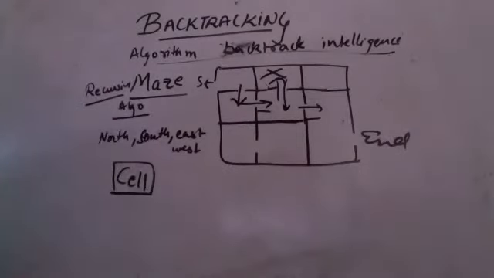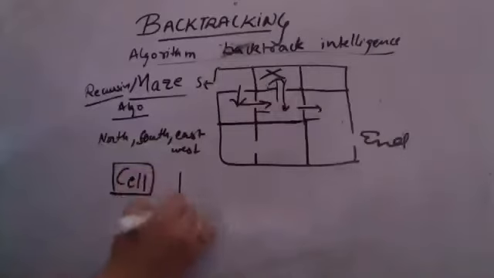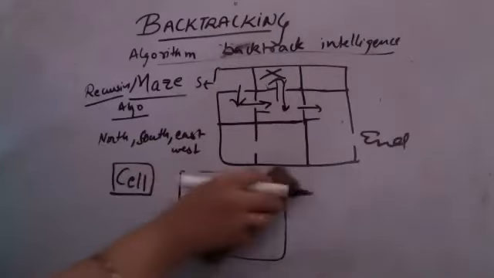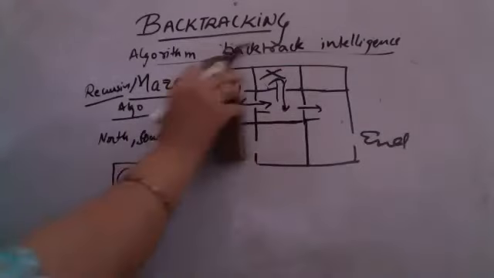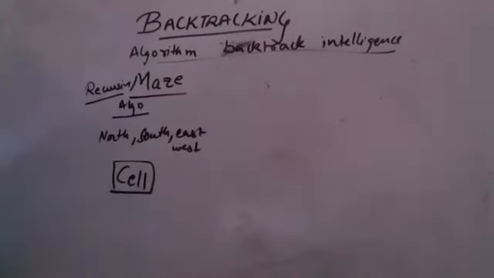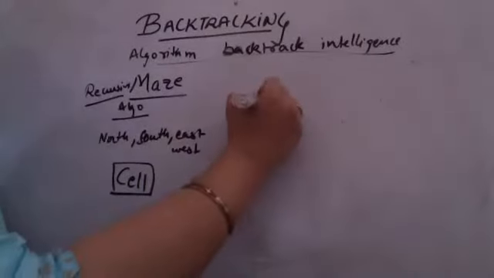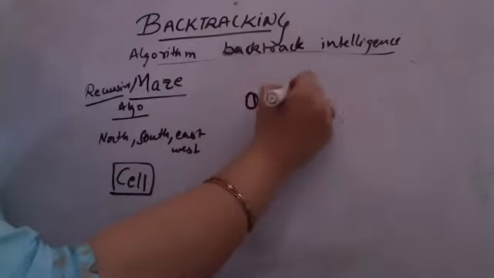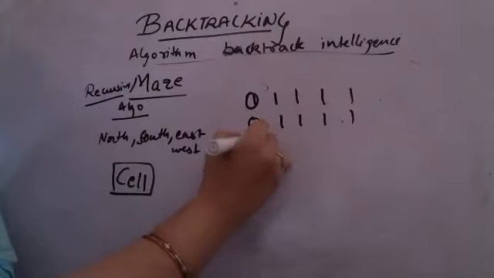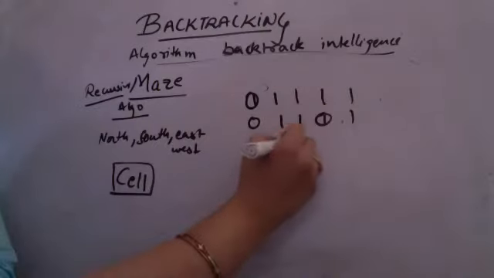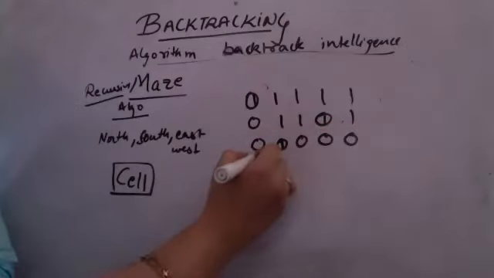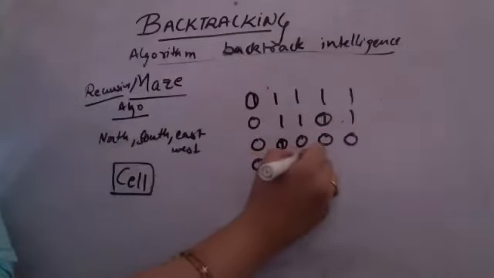So we are going to make a 2D array. I'm creating a 2D matrix in which I want to create a route.